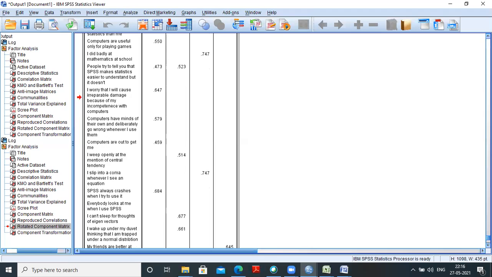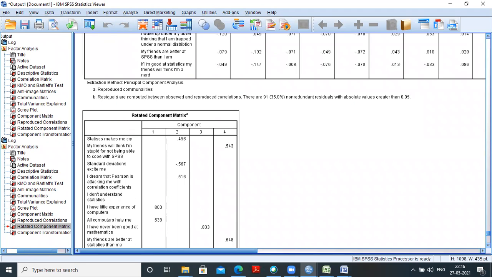All these statements are related to difficulty with the statistics subject. They are loaded on component 2. That means component 2 tells us about the difficulty in understanding statistics. All the statements in component 2 can be summarized in one factor, which tells us about the difficulty in understanding statistics.